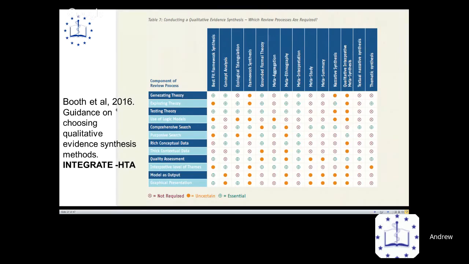For example, you can see I've indicated with a green cross the methods that rely on a comprehensive search, similar to a systematic review search, and the methods where you can actually have a purposive sample of the literature, and this helps you decide what sort of literature searching to accompany a particular type of qualitative systematic review.